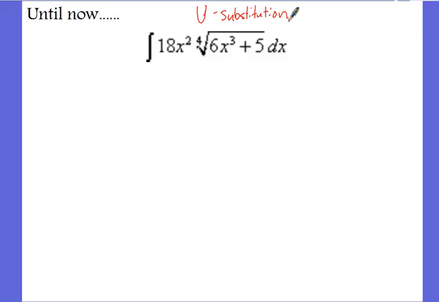U-substitution. All right? What you have to do is recognize things in your expression. What you're looking for are two expressions, and you're hoping that one of the expressions is the derivative of the other. First, I need you to recognize that there are two expressions here.